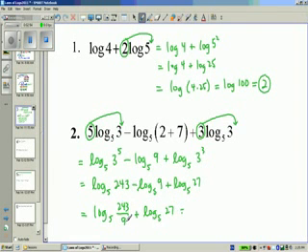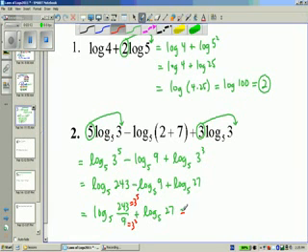Let's see, 243 over 9. I know that 243 is 3 to the 5th, because I already did that work back here. So this is 3 to the 5th, and this is 3 squared. So that's going to end up being 3 cubed. So I have log base 5 of 3 cubed plus log base 5 of 3 cubed, that's 27.